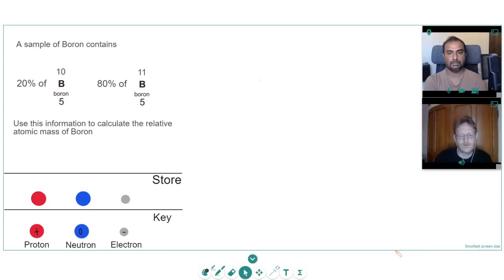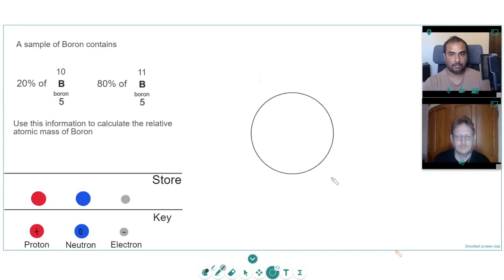So initially, Atul, could you show us a boron-10 isotope, or the nucleus of a boron-10 isotope? Okay, so I'm going to make a nucleus of boron-10. Just to remind what these things are, this is a symbol for proton, red, neutron, blue, and electrons we're not using. I'm going to make an empty nucleus first, and fill this with protons and neutrons.